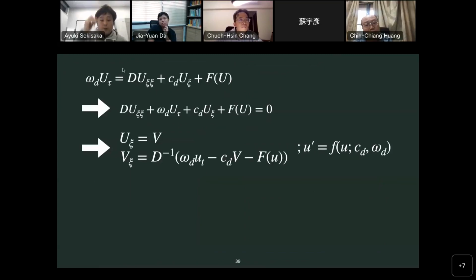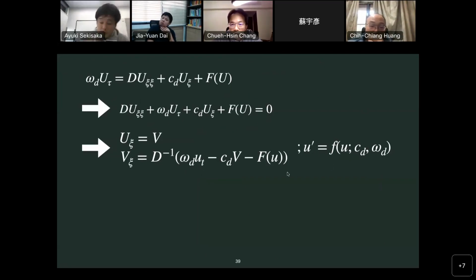A modulated traveling wave is a solution of the first equation. So we can rewrite this equation like this, as a first order ordinary differential system. However, this is a vector field on an infinite dimensional space because it has a time derivative in this system.